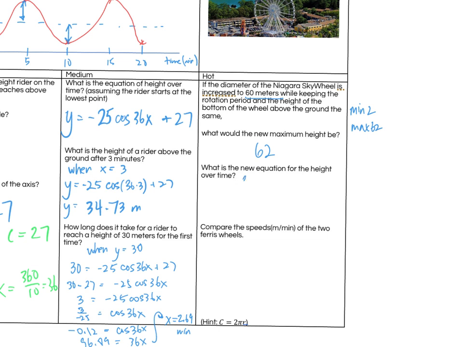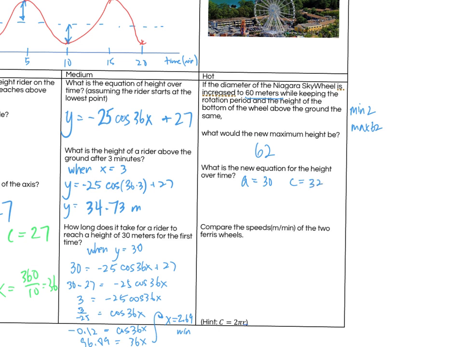Our new A value will be half of the diameter of the skywheel, so 30. Our new equation of the axis, so that will be our C value, will be 30 down from 62 or 30 up from 2. So that would put me at 32.